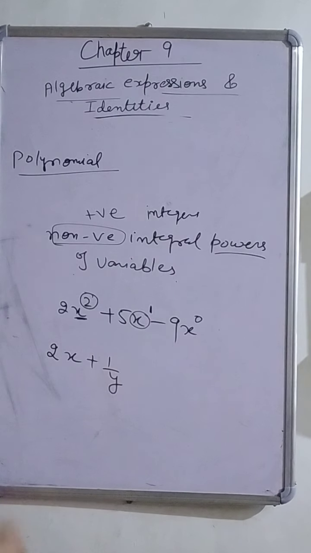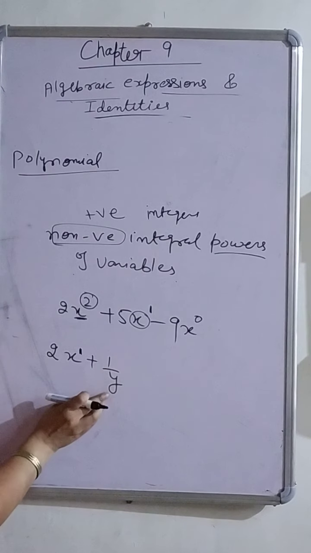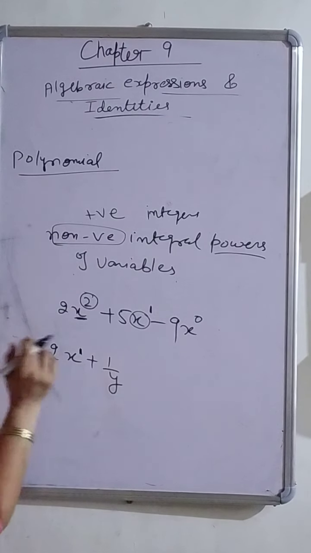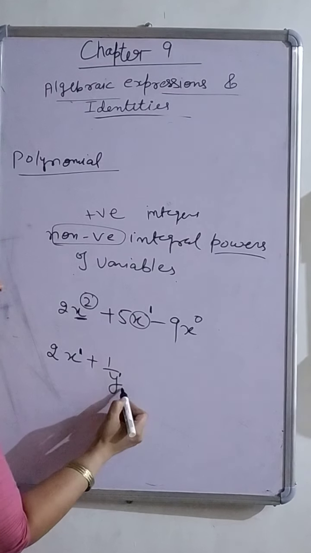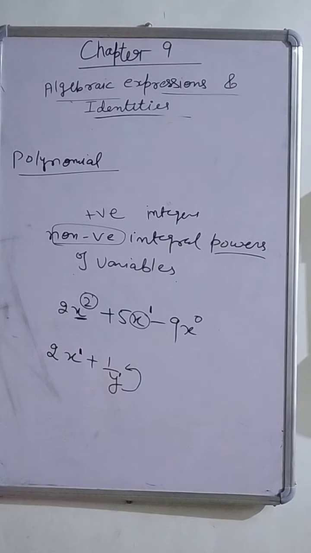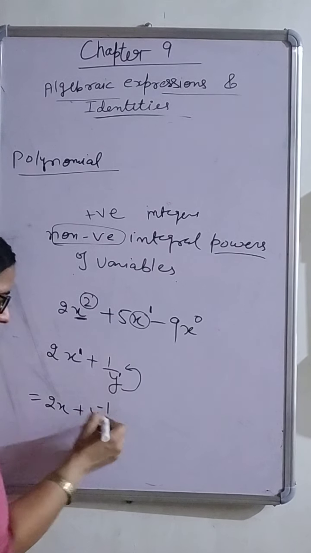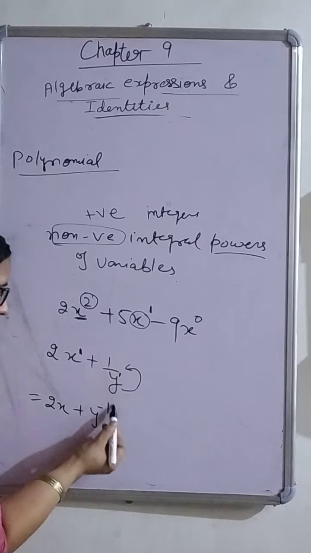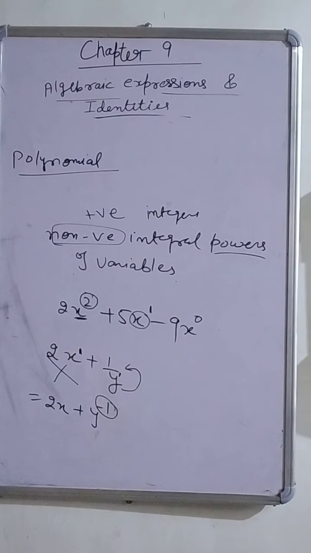No. See, in the first term the power of x is 1, positive, but here it is 1 by y. You can write this as y raised to power 1. If we shift this y to the numerator, it will be y raised to power minus 1. Now the power of y is negative, so it is not a polynomial.